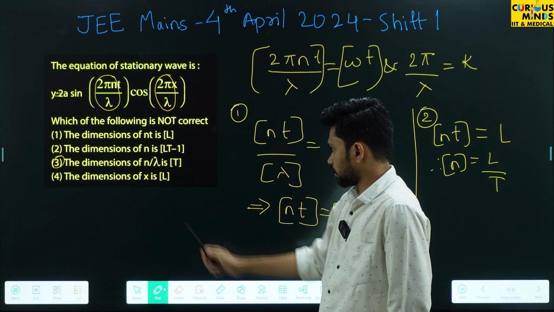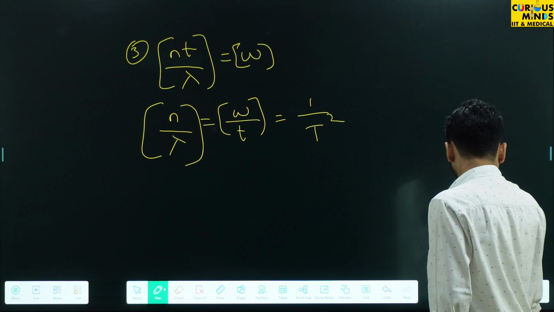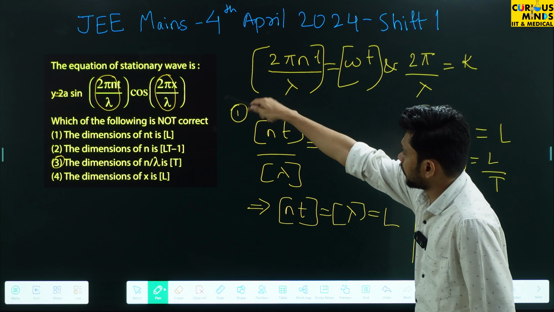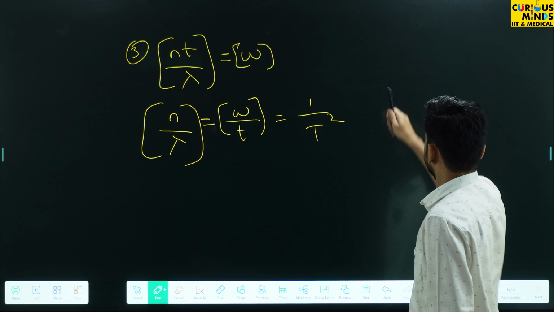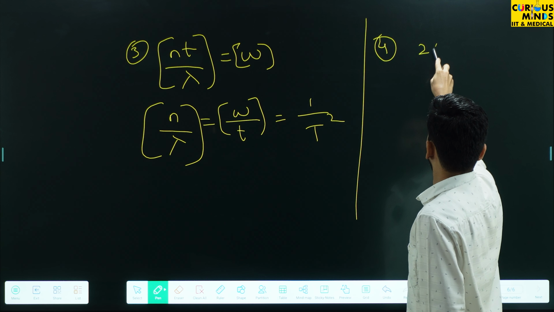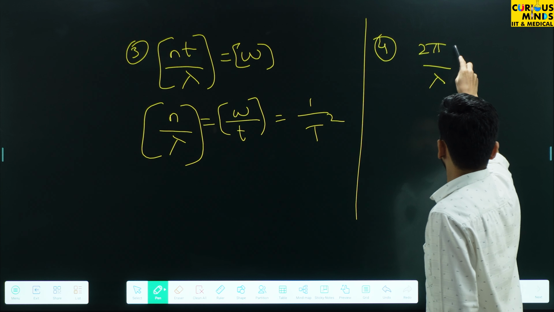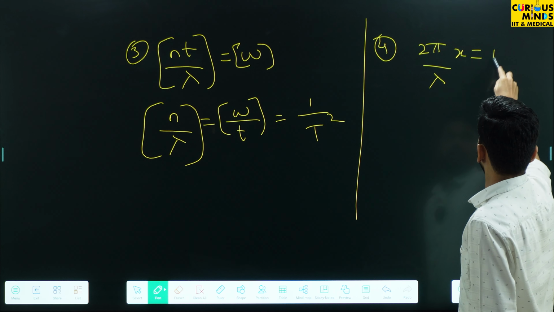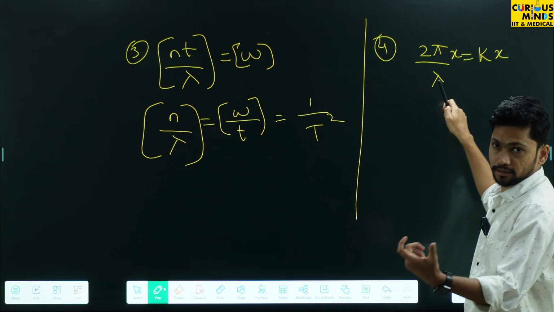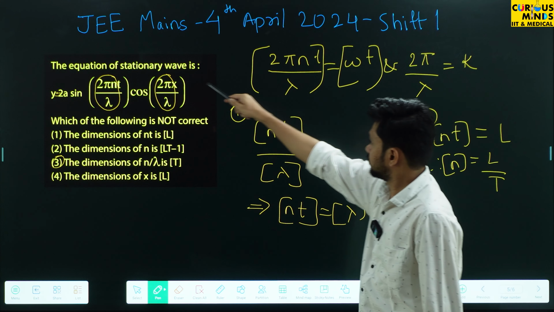Maybe we can do the fourth one as well. Here we had that the term has to be kx. So 2 pi by lambda x has to be kx. This is what this term has to be.